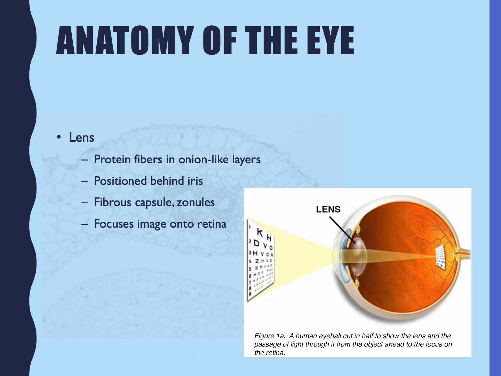Kind of think of this like the peanut M&M, where the peanut is the core of the lens, and the candy shell is the covering of the lens. And the lens is held in place by suspensory ligaments, and those ligaments are called the zonula.